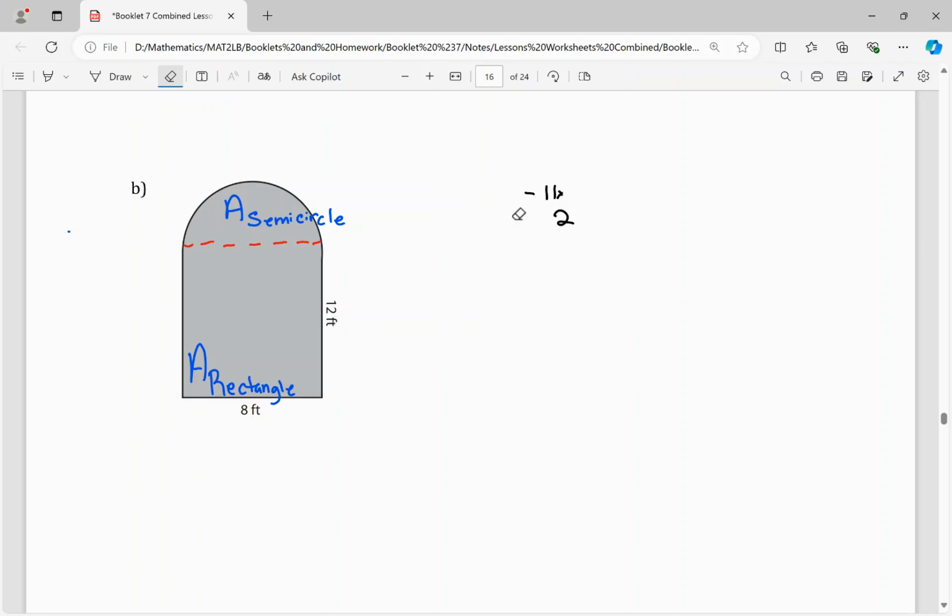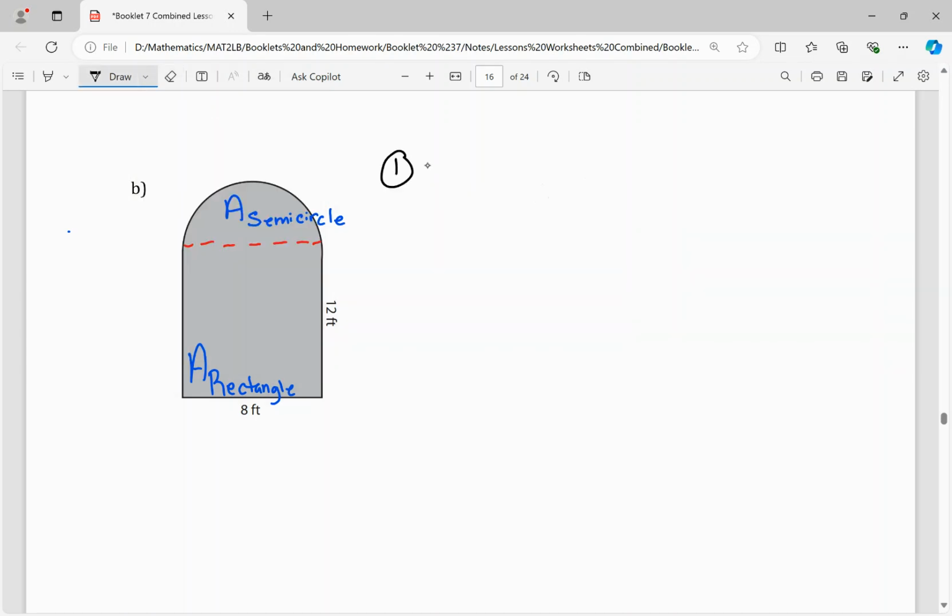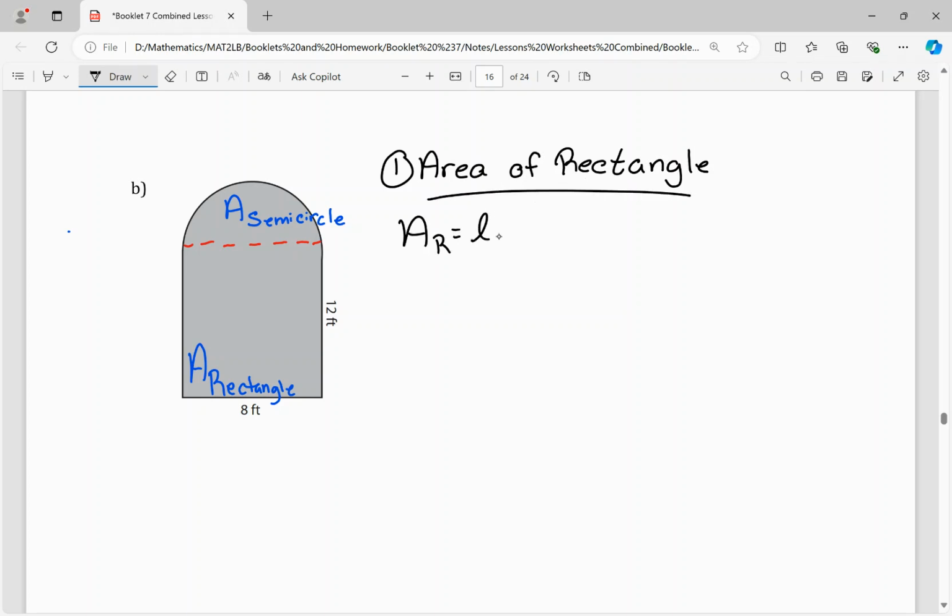Why don't we start by finding the area of the rectangle in the bottom half of this picture? So, step 1, find the area of the rectangle. Well, an area of a rectangle is found by length times width.